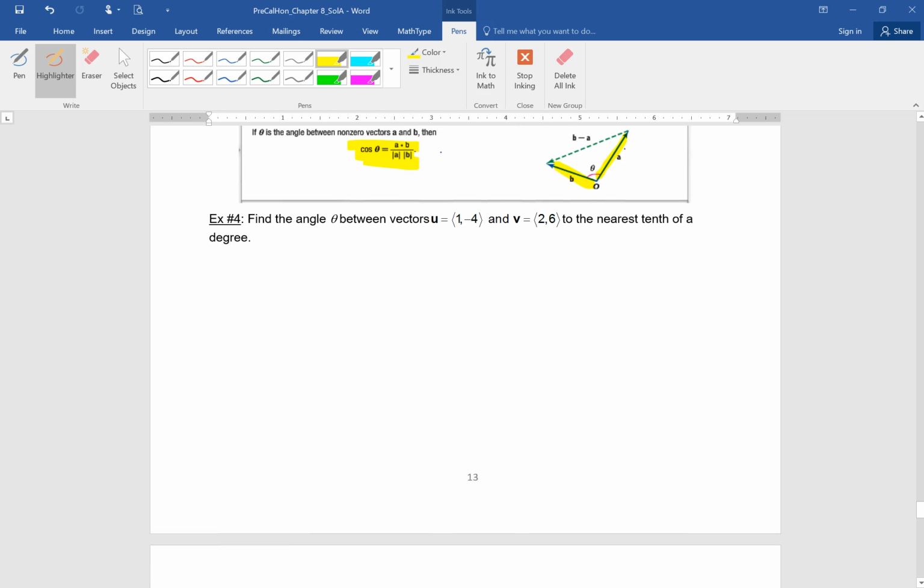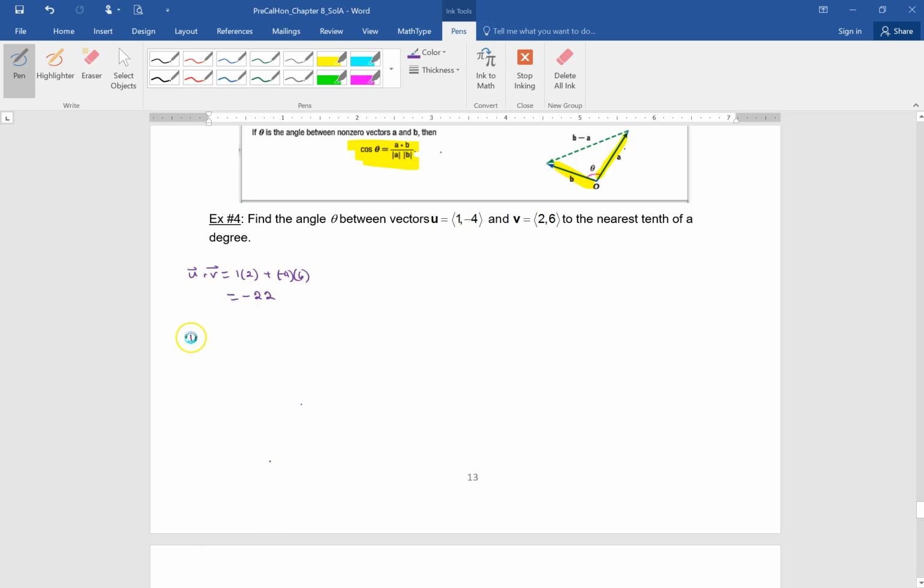So let's find the angle between vectors U and V. What we want first is U dot V. U dot V is 1 times 2, plus negative 4 times 6. This is negative 22.